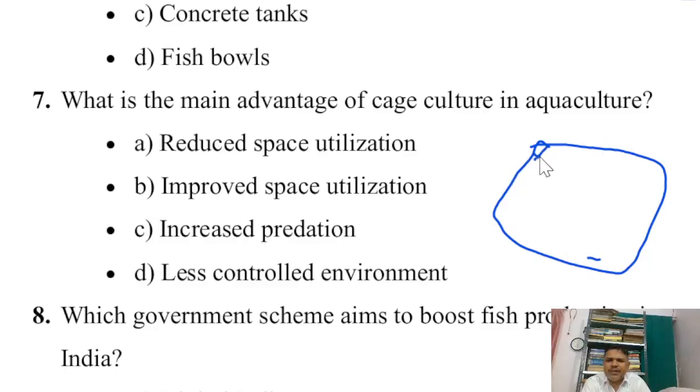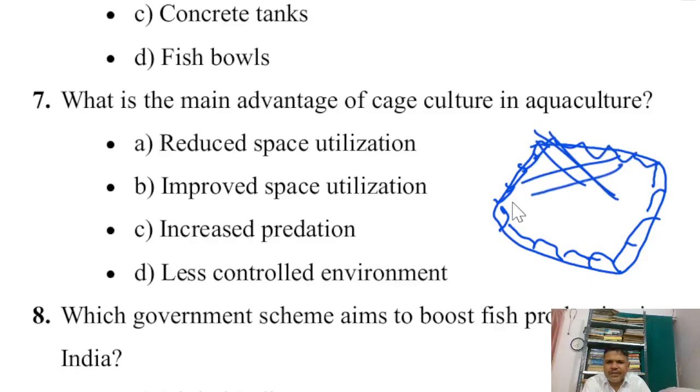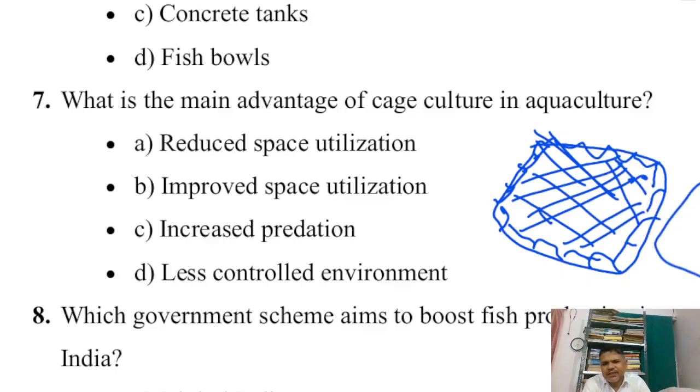Here the mesh is very minute in size, so fish cannot escape from this cage, and it is surrounded on all sides by some metallic mesh or some other pieces, and we put some fish as stock inside this, and now this cage is submerged into some natural water body such as a big river or a big pond.